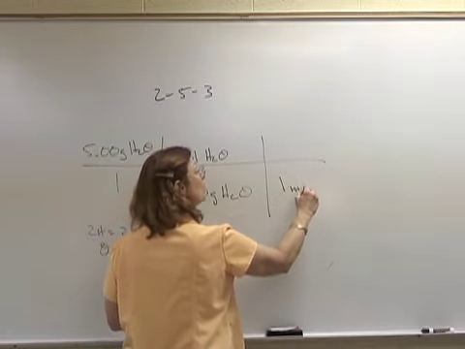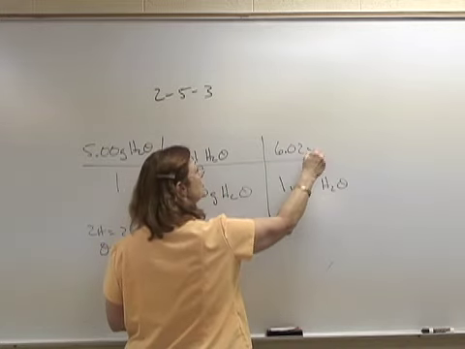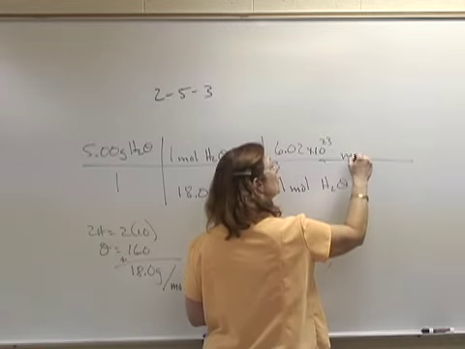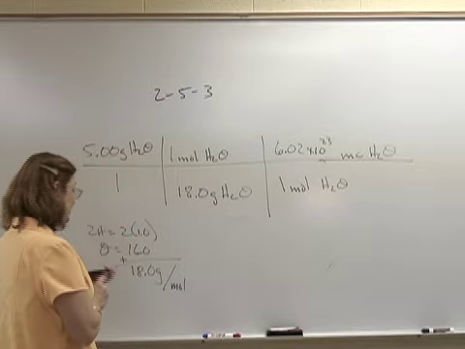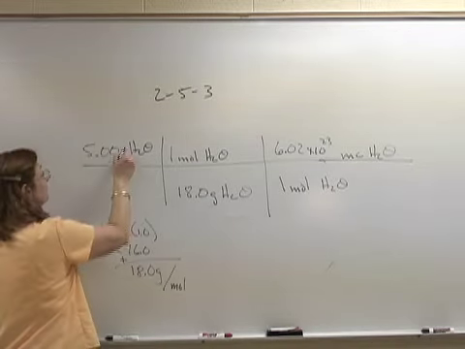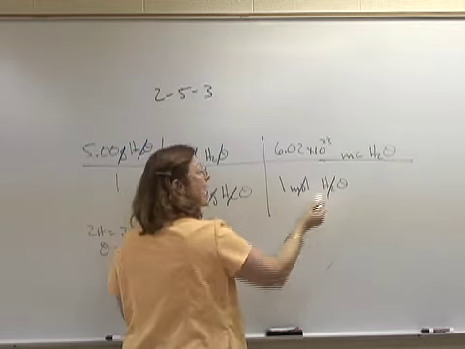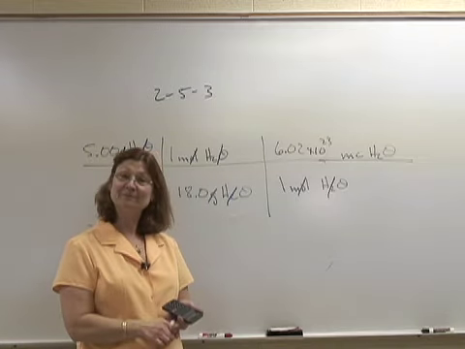I know that 1 mole of any compound is always 6.02 times 10 to the 23rd molecules of water. And therefore, you can see that your grams of water cancel, your moles of water cancel, and you're left with what you're looking for, which is molecules of water.